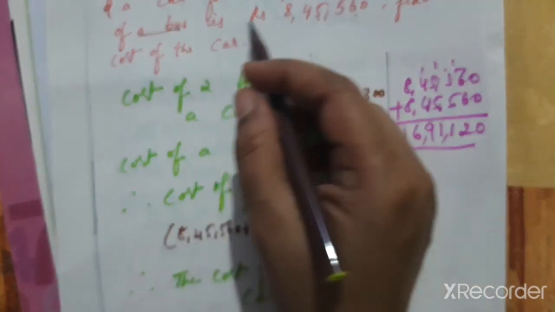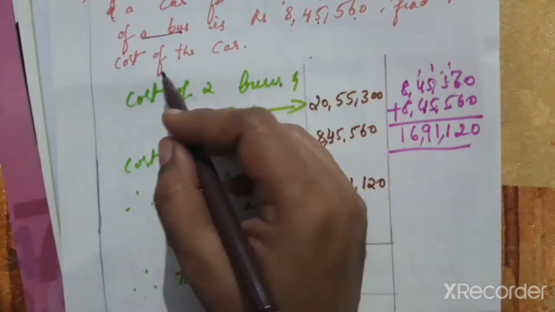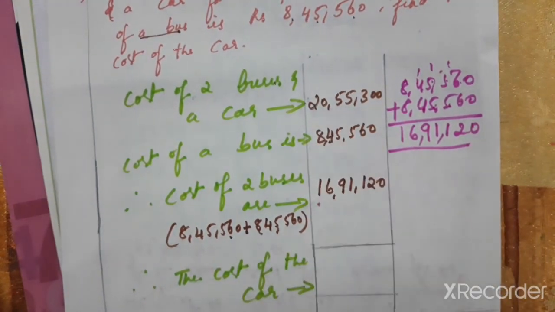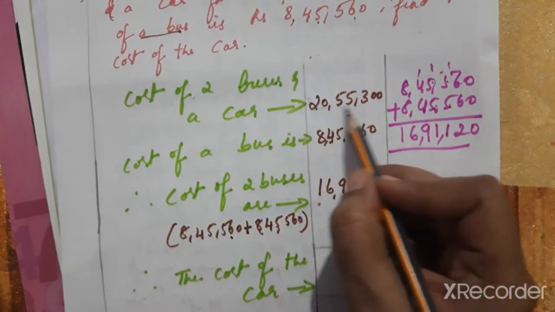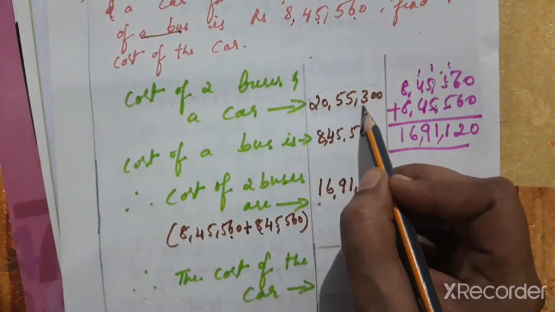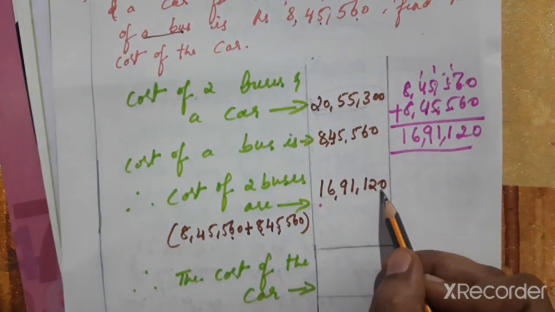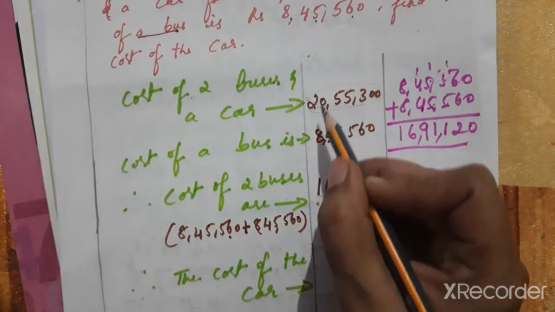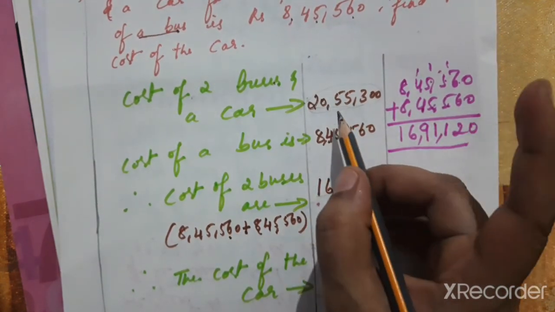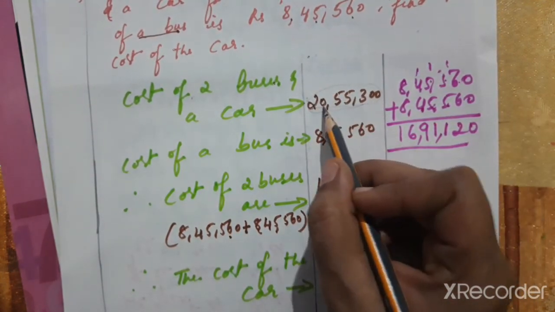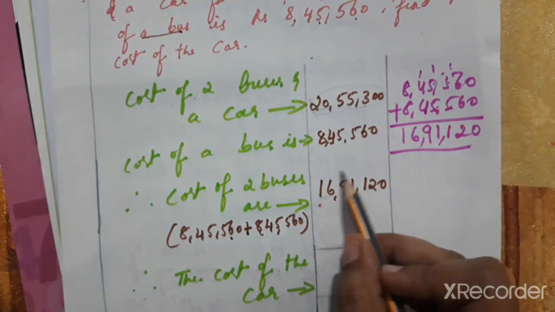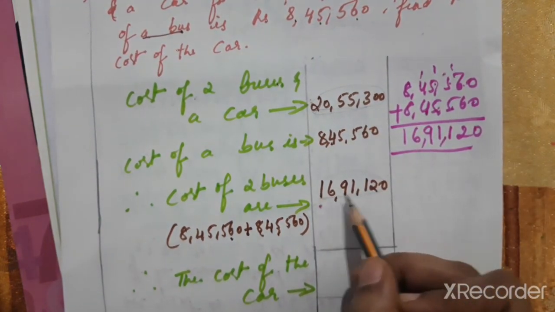So then what do we have to find? If the cost of 1 bus is 8 lakh something, find the cost of a car. This is the total cost of 2 buses and a car. Out of this amount we have to subtract the 2 buses amount, 16,91,120.